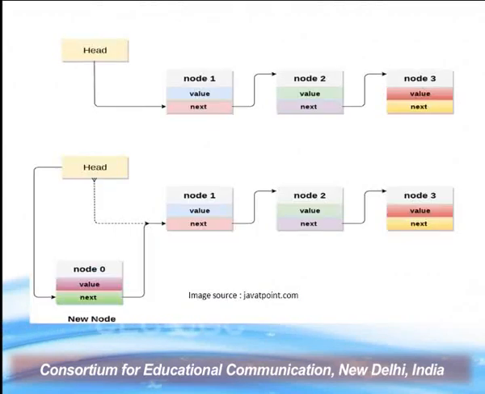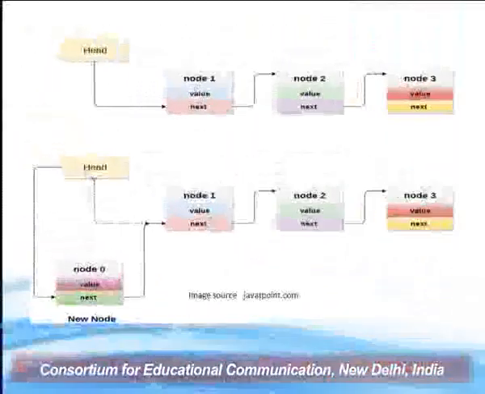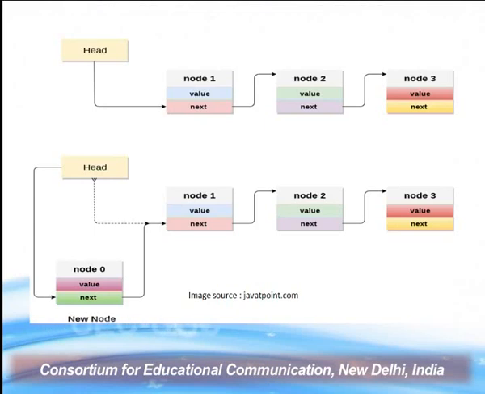That means, whatever value head has will be given to PTR next, and head is pointing towards node 1, so the next pointer of PTR, which is node 0, will be pointing towards node 1. So, now this node 1, which was the previous top, has two links. One is coming from the top pointer or the head pointer, and another one is coming from node 0.